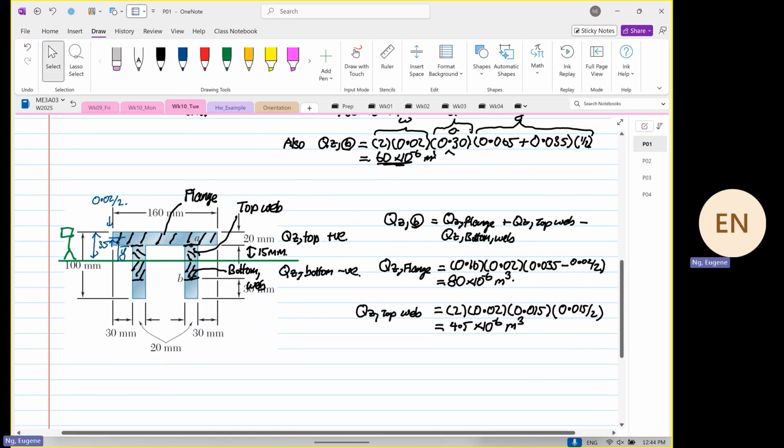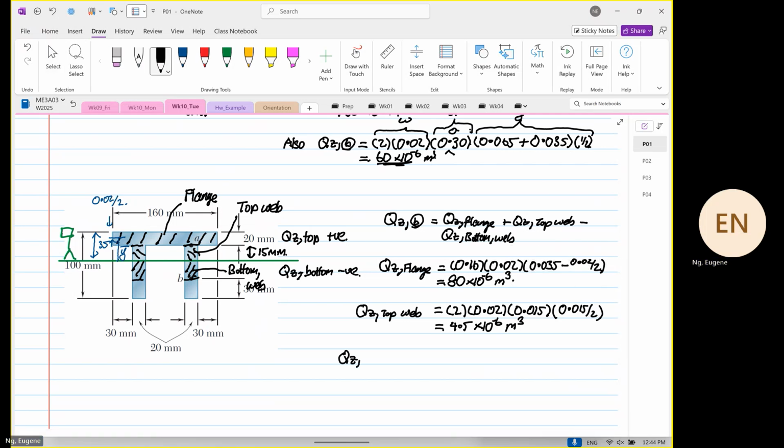And then finally, we are going to do our QZ, and this will be the bottom web. Now, the bottom web is only up to a distance of 0.035. Okay, that's our bottom. So the distance from here to here is 0.035. Okay, so we multiply by 2.